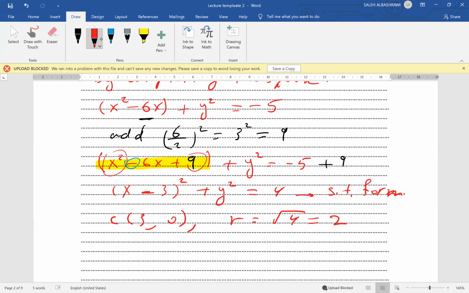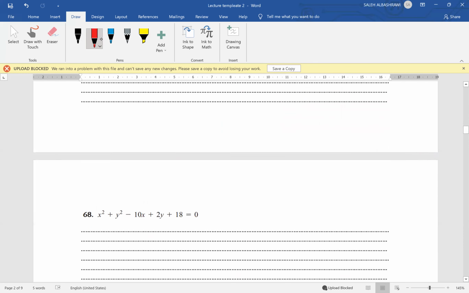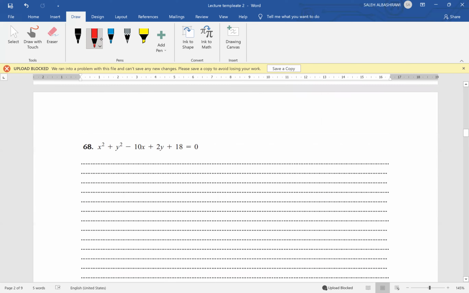So again, if the equation is not in the standard form, we have to write it in the standard form by completing the square for the x variable and y variable if needed. Then we can find the center and radius of the circle. Another example, suppose that we have x squared plus y squared minus 10x plus 2y plus 18 equal to 0. So I'm going to put it in two brackets.